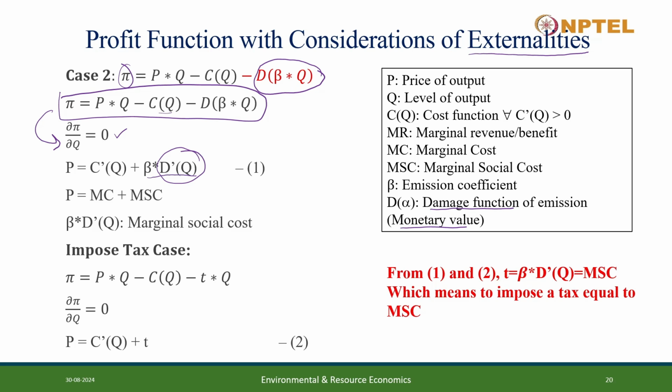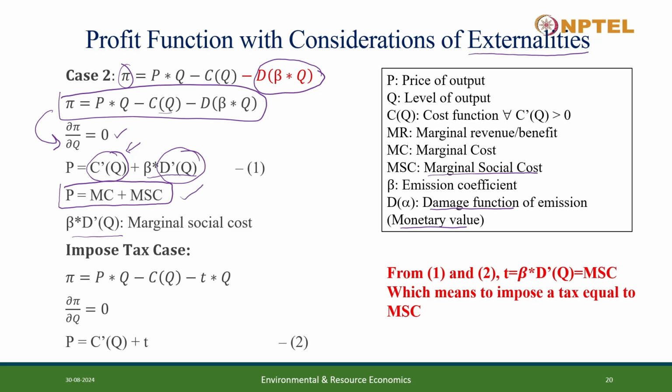So price is equal to marginal cost, C dash Q, plus MSC. MSC is our marginal social cost, which is given by beta times D dash Q. In this case, marginal social cost is also included in the price function.